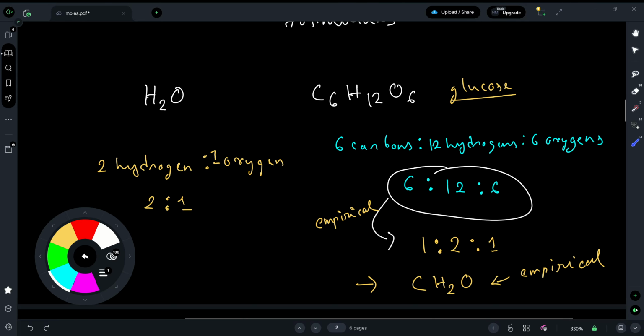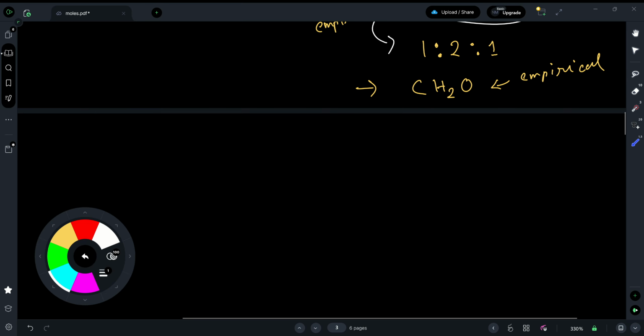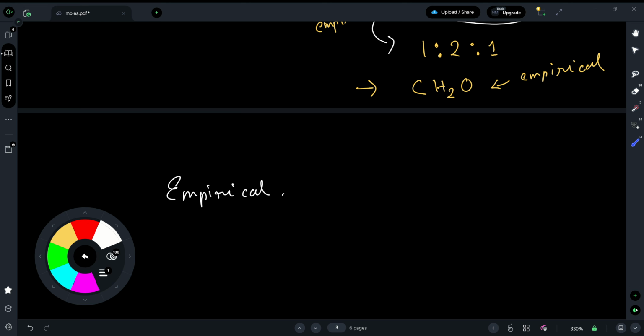So the empirical formula is the simplified ratio of the molecular formula.